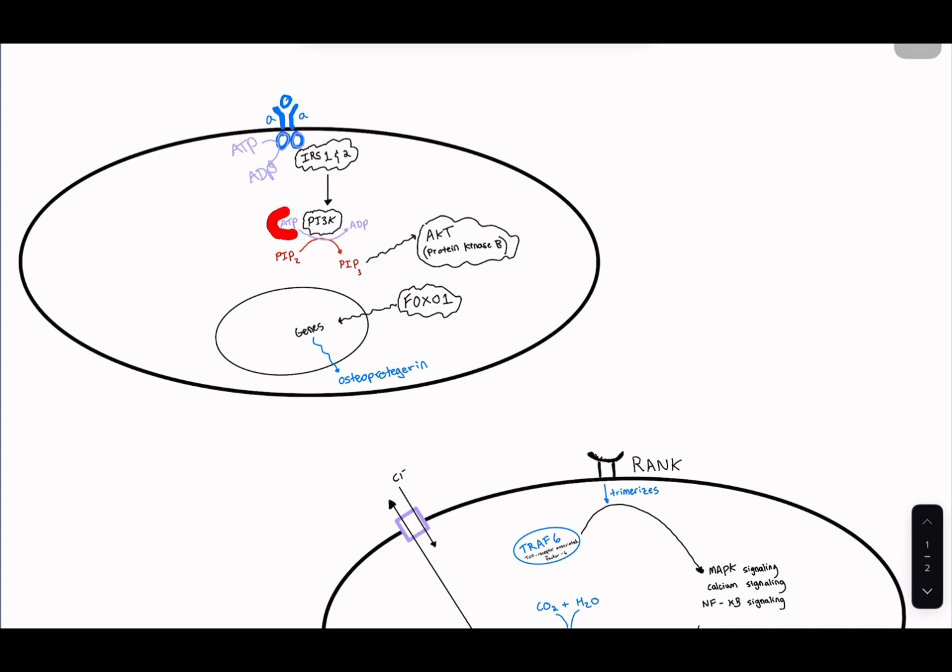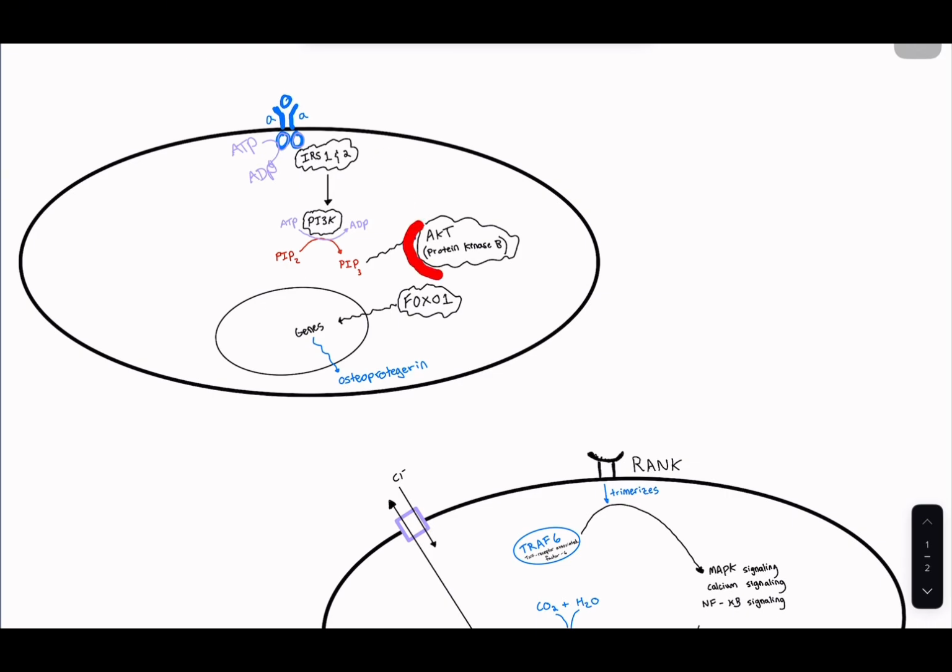In this case, it's transferring the third phosphate on ATP, the gamma phosphate, onto PIP2 on the third hydroxyl group to form PIP3. Once I start forming more and more of this molecule, it'll recruit this protein called AKT, or protein kinase B, another kinase in the story, towards the membrane and turn it on.